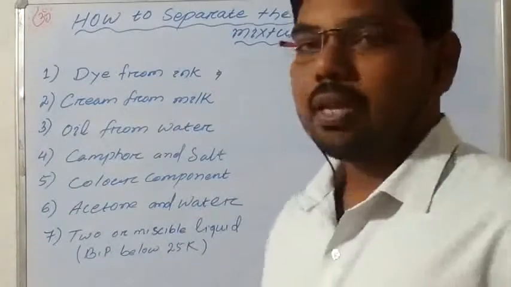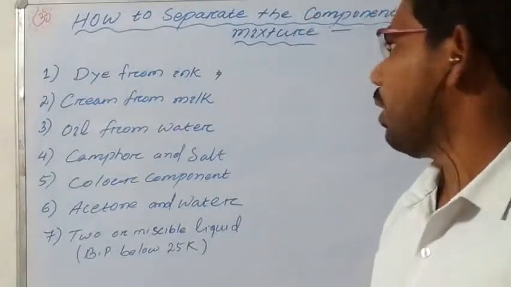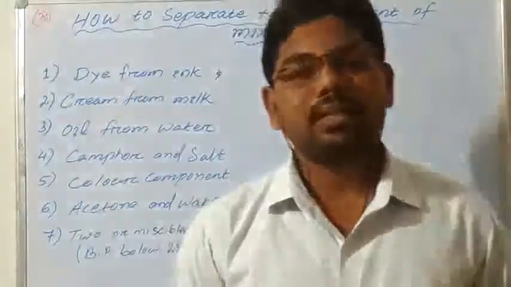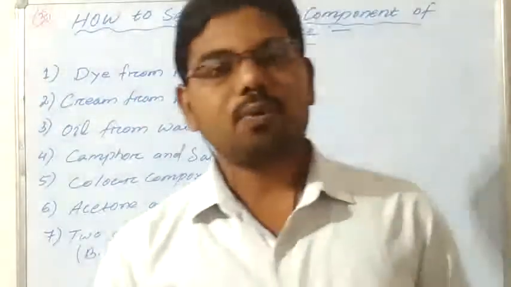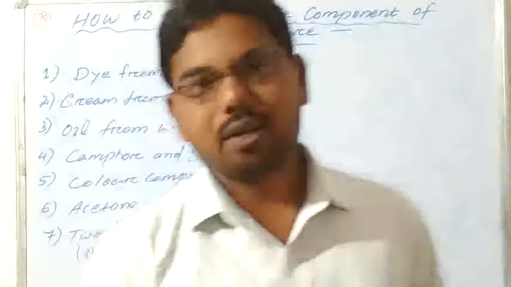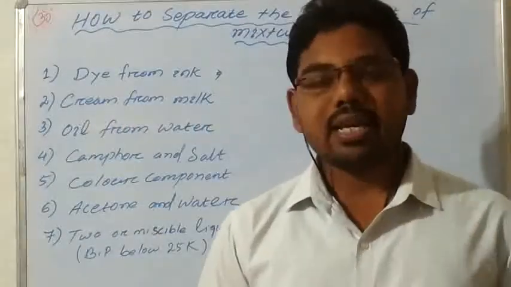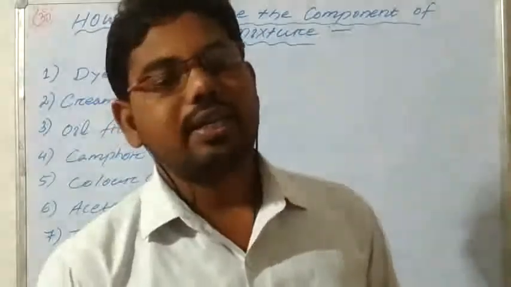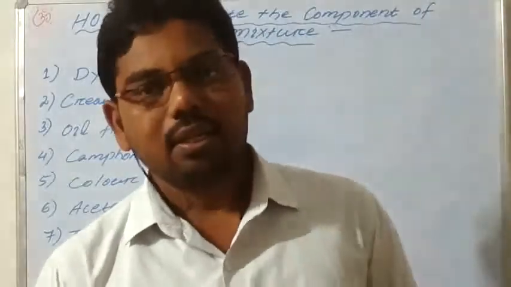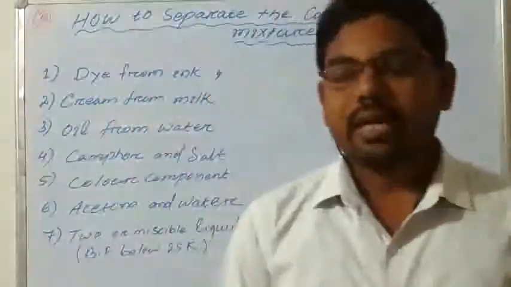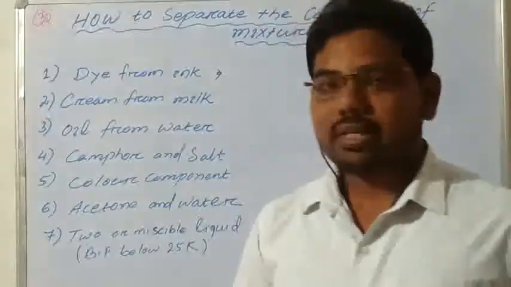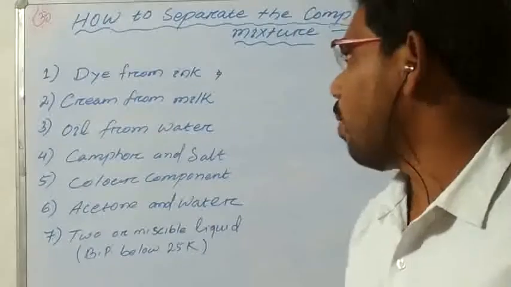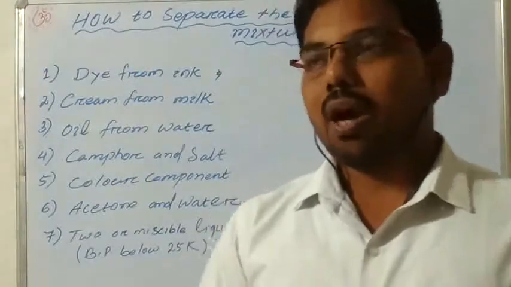How can you separate dyes from ink? Ink is a mixture of water and dyes. Here dyes are the solute and water is the solvent. So in ink, water and dyes are present. How can you separate them?